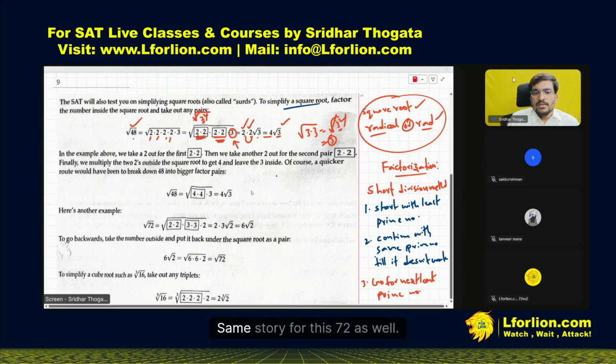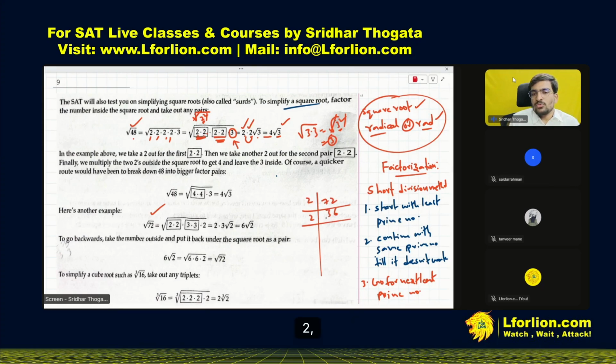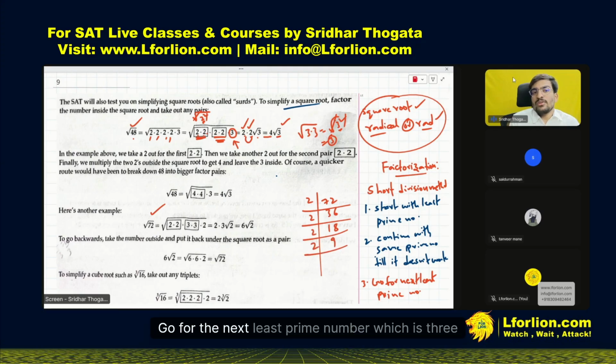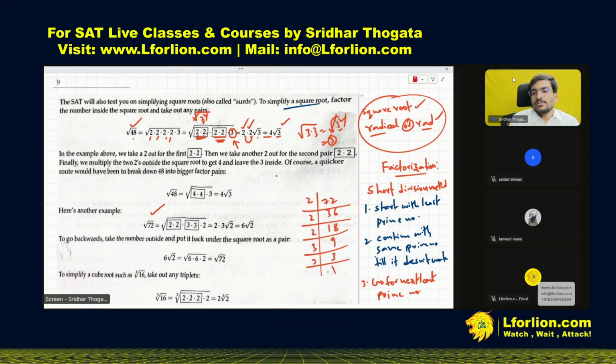Same story for this 72 as well. If you just do the short division method, 2 36 72, 2 18's 36, 2 9's 18, and 2 doesn't work. Go for the next least prime number, which is 3, 3 threes, and 3 ones. So 3 twos, 2 threes.